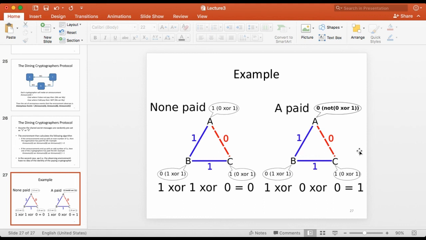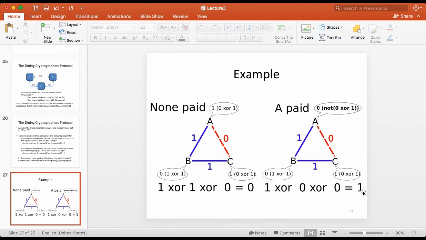So all the observer can do is take the results of the announcements. Okay, so in this case, the 0 from A, 0 from B, and 1 from C, and XOR these 3 results, and the outcome will be 1, which is an odd number of ones.